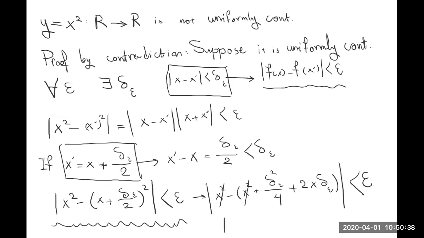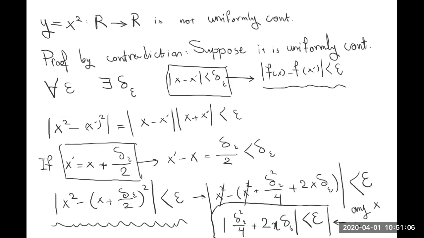So this is the same as saying delta squared over 4 plus 2x delta is always less than epsilon. And this is the point where we understand the difference between uniformly continuous and continuous. This thing should be correct for any x in the domain. Is it correct for any x in the domain?